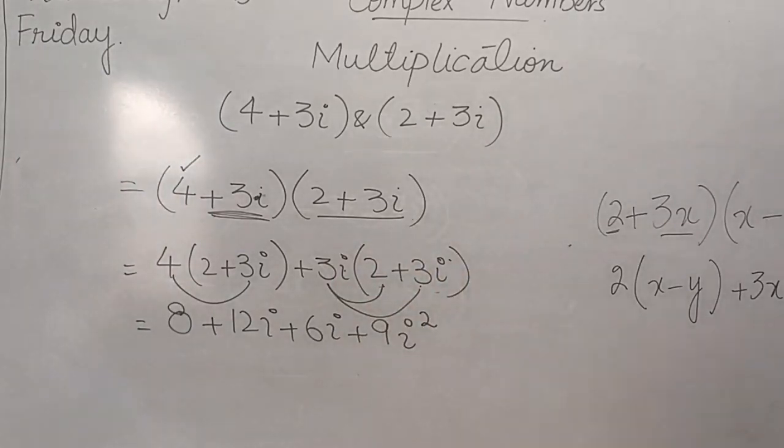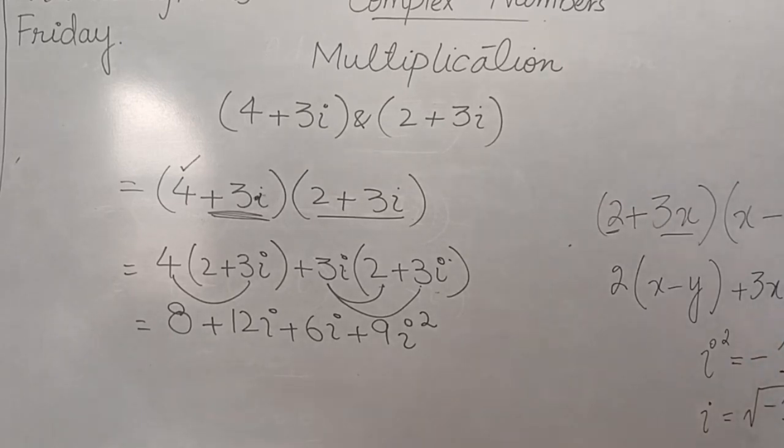Do you remember what is the value of iota square? Iota square is equal to, good. Vanya is saying iota square is equal to minus 1. Good. The value of iota square is minus 1 and the value of iota is square root of minus 1. After taking the square on both sides, we get iota square equal to minus 1.